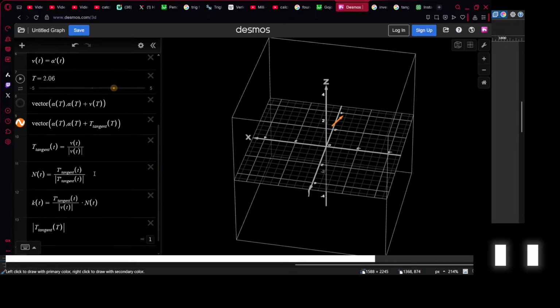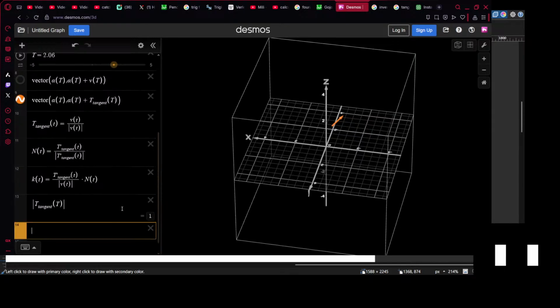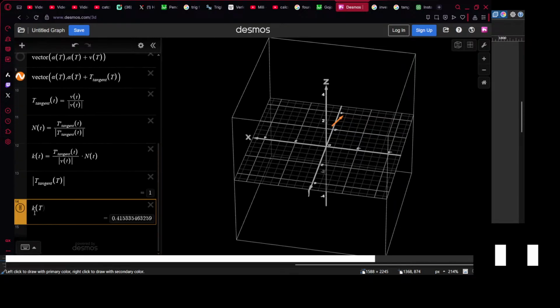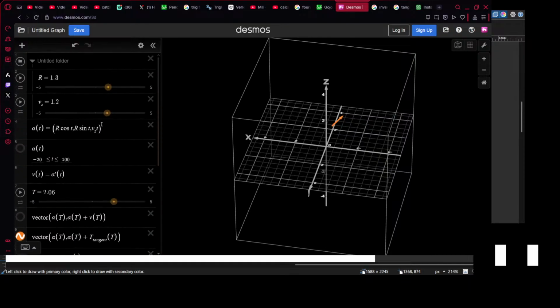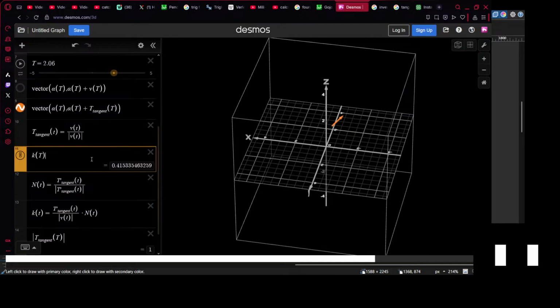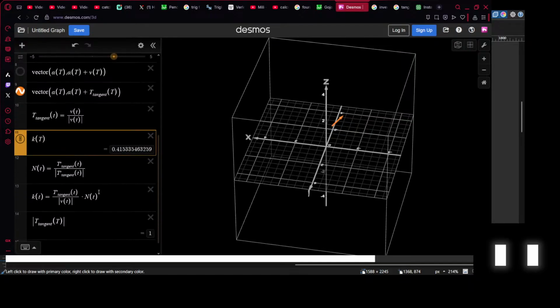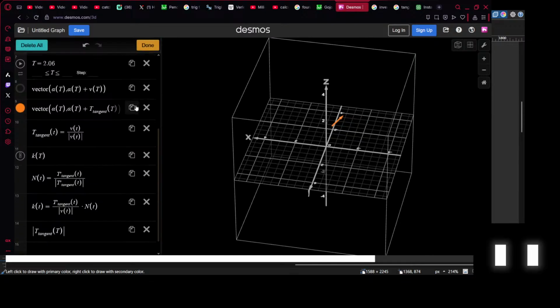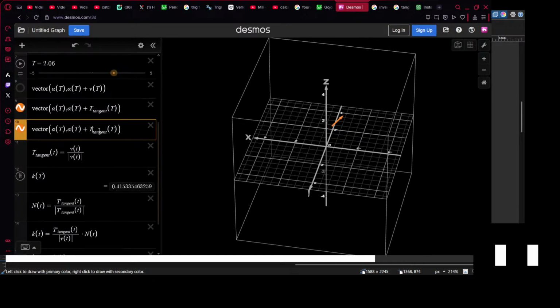And that's going to be our curvature at a certain point. So kappa(t) should be something. I don't really know what, but it should be something. Anyhow, I'm going to change this to the normal vector.